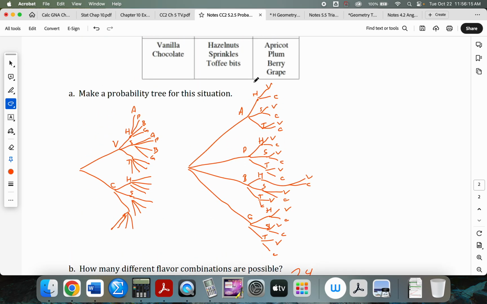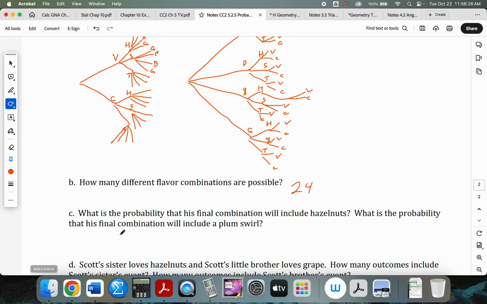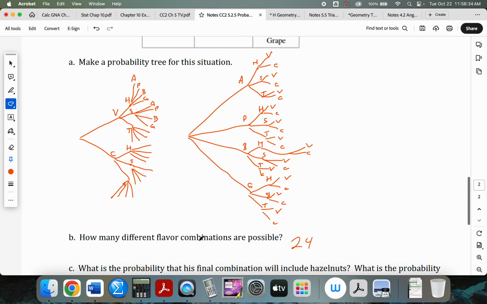Well, let's see. How many of them had hazelnuts? 1, 2, 3, 4, 5, 6. We're looking for the hazelnut, 7, 8. So 8 out of 24. Which is 1/3, which again makes sense.